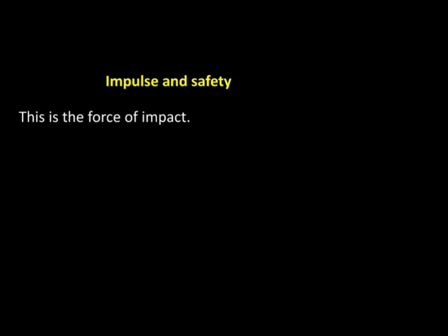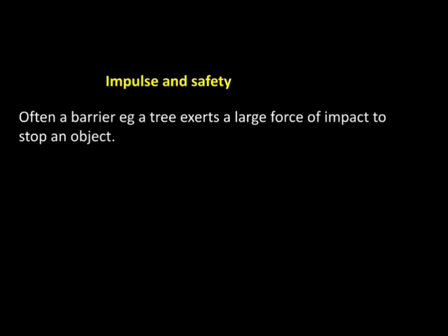Okay, so force of impact is often supplied by barriers, for example, a tree, a wall, or another object. So when an object collides into that barrier, the barrier exerts a large force of impact to stop the object.